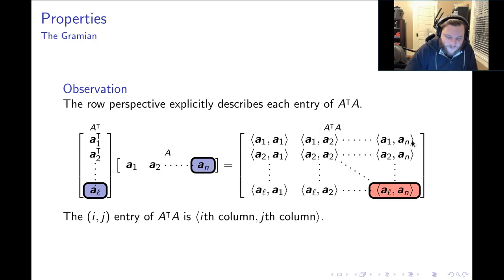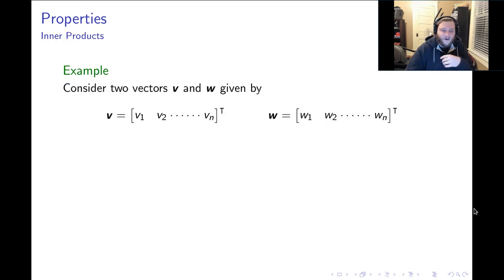So that can be summarized with the statement that the ij entry of the Gramian, A transpose times A, is the inner product of the ith column of A with the jth column of A. Okay, so that's Gramians.